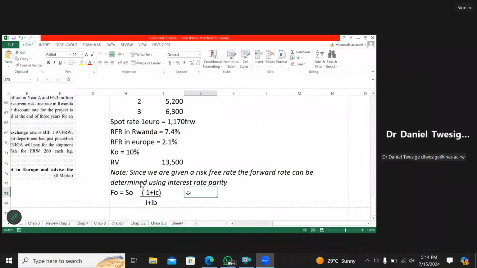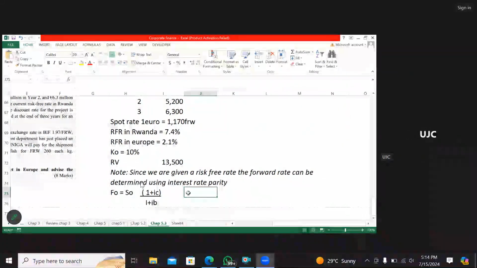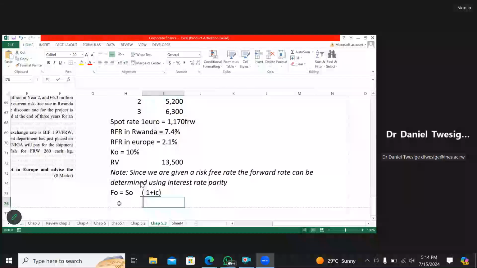Now, if you look at this, it becomes 1 on the denominator. I didn't put 1, maybe I put it wrong. I think it is 1. Now, we have been given the spot rate.